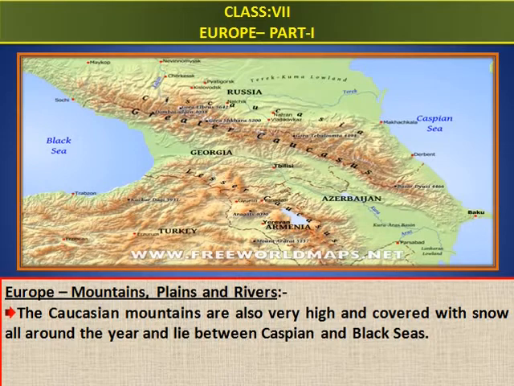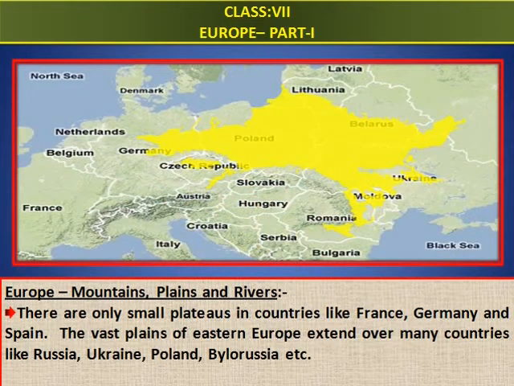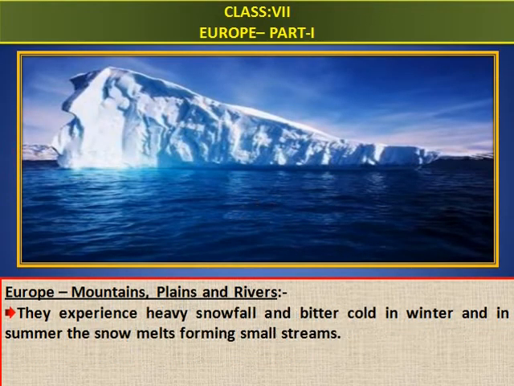There are no large plateaus in Europe. There are only small plateaus in countries like France, Germany, and Spain. Eastern Europe is a vast plain which stretches across several countries like Russia, Ukraine, Poland, Belarus, etc. These plains experience heavy snowfall and bitter cold in winter, and in summer the snow melts, forming small streams that start flowing.